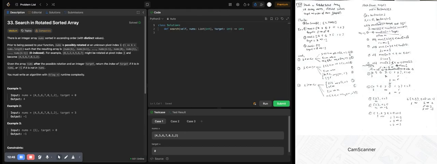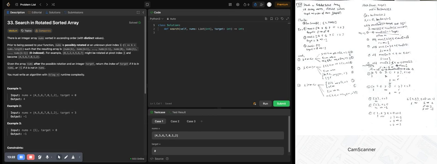Now the second one is left is less than mid, but mid is larger than right. In this case, how are we gonna do this? Let me just write more proper conditionals over here. So in the first case, we have left, target, mid.